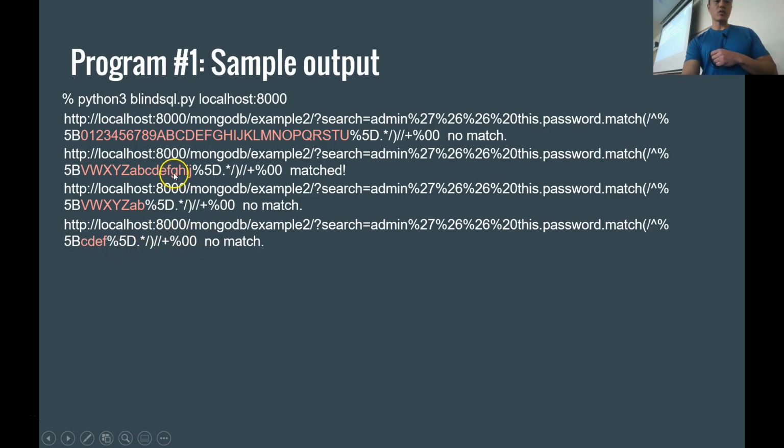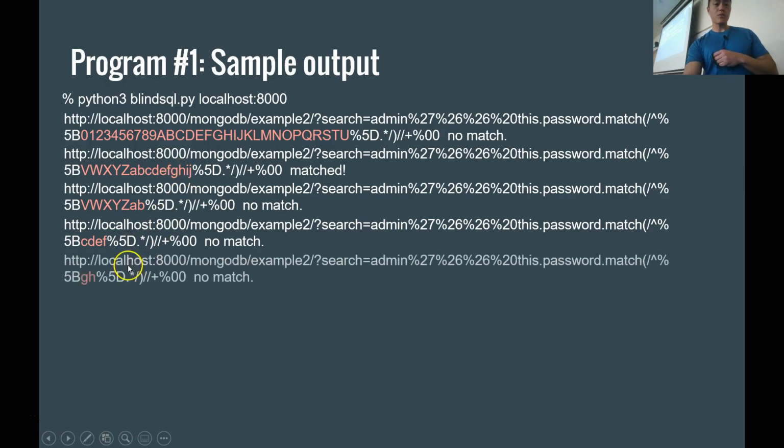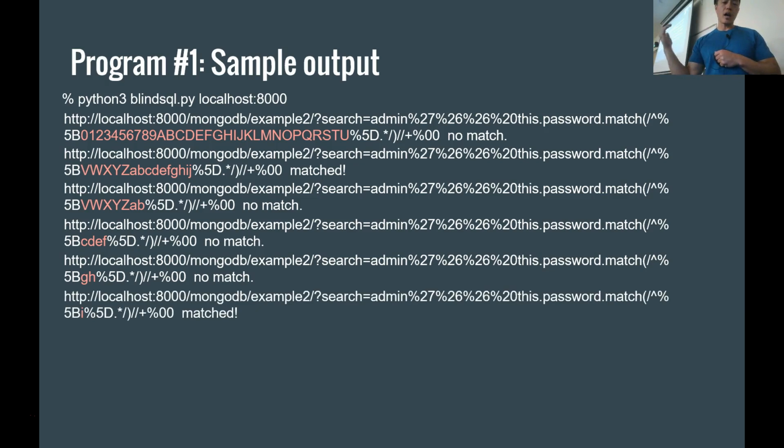So then you're going to search GH, the rest of that range. And then GH doesn't match, so then the other half is IJ now. So you can search for I, and I matches. So then you know that the first letter of admin's password is I.